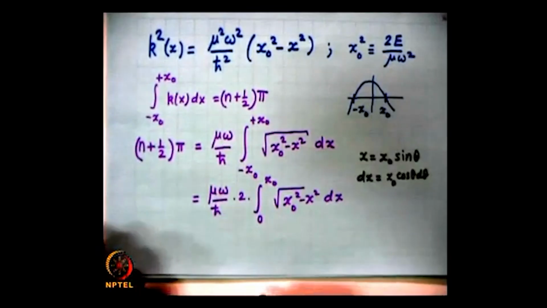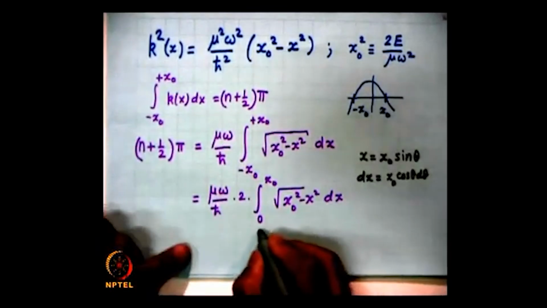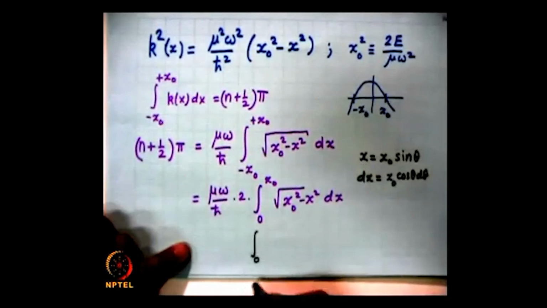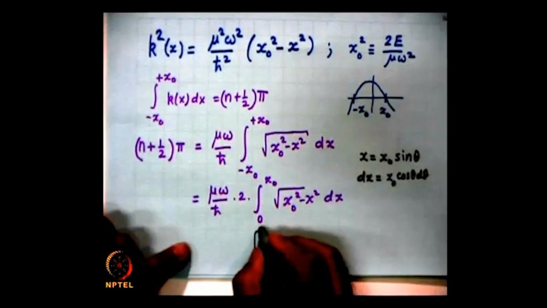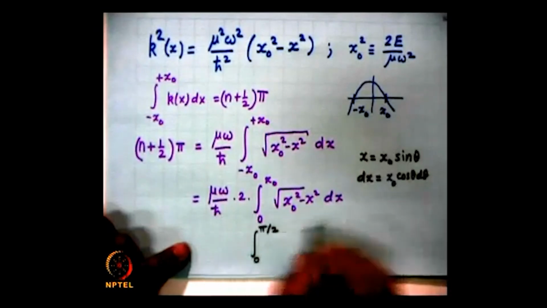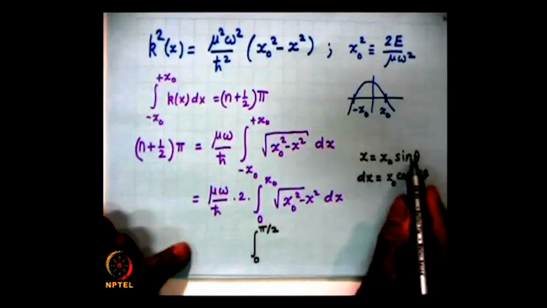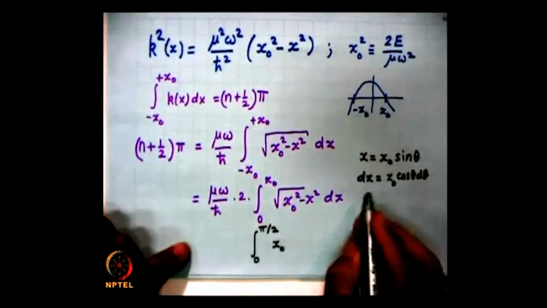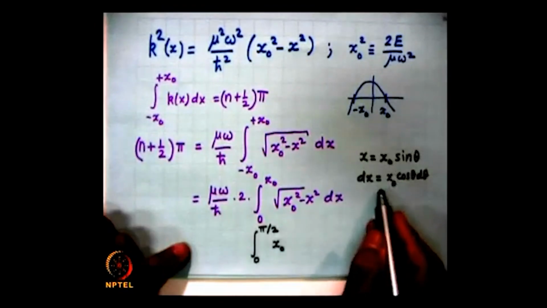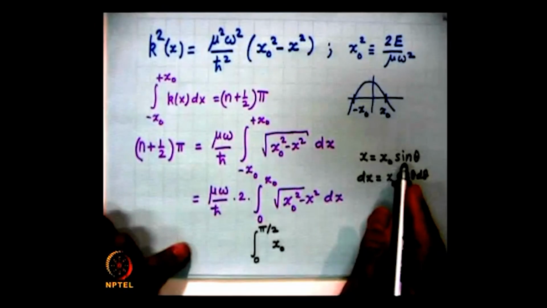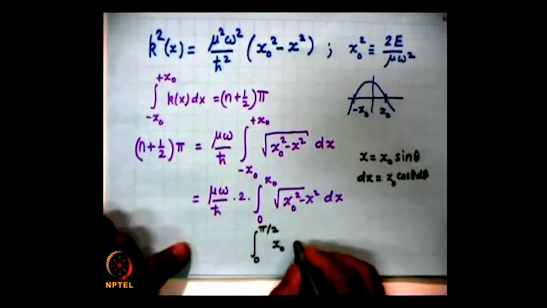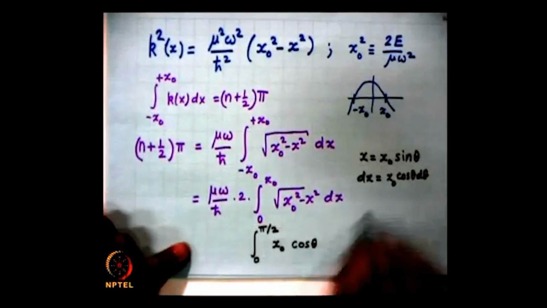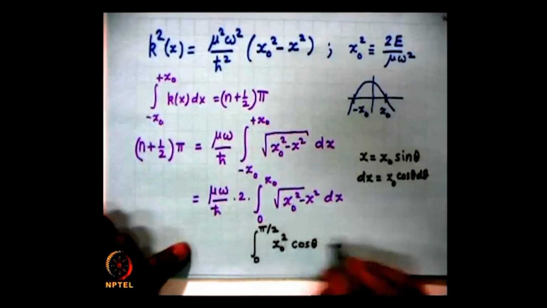So, this will be from when x is 0, theta is 0, and when x is equal to x naught, theta is pi by 2. So, this will be x naught outside and 1 minus sine square theta, so this is cos theta, and dx is equal to x naught cos theta d theta.